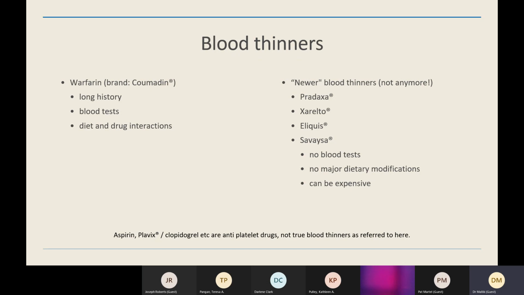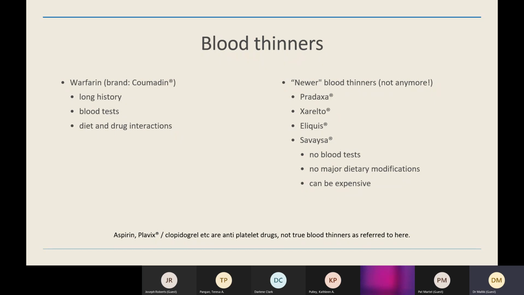So with all these problems, people were still managing until several years ago when this new class of blood thinners came along. So now they are no longer called newer because they've been around for a while. And these are Pradaxa, Xarelto, Eliquis, Savaysa. All of them are brand names.